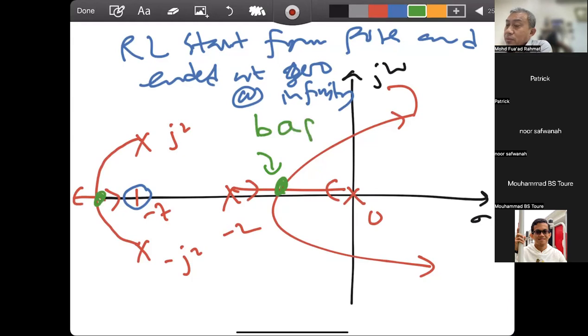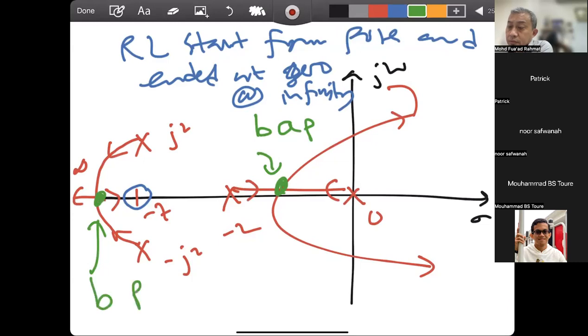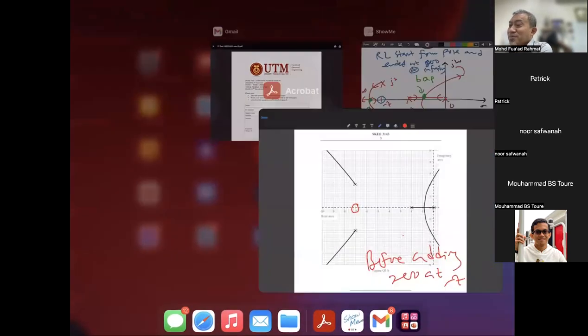Breakaway point. This one? What do we call this? Break-in point. Understand also? Liana? Can?